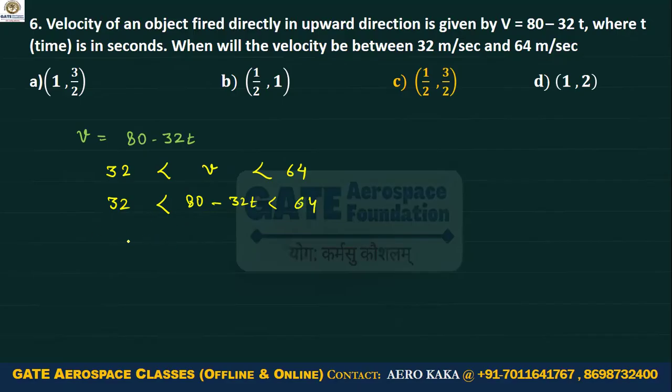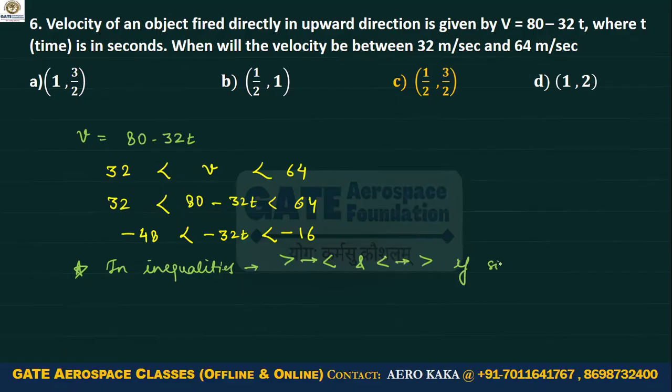So if 80 goes on the other side, I'll get minus 48 less than or equal to minus 32t less than or equal to, if 80 goes on the other side, minus 16. Over here, this is a thing that you need to remember: in inequalities, greater than becomes less than, and less than becomes greater than if signs are changed.